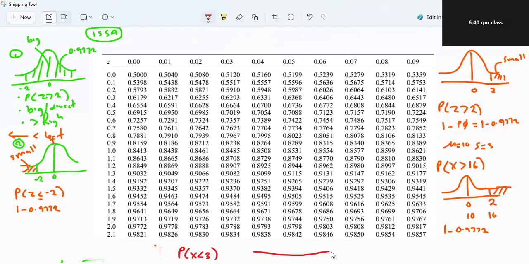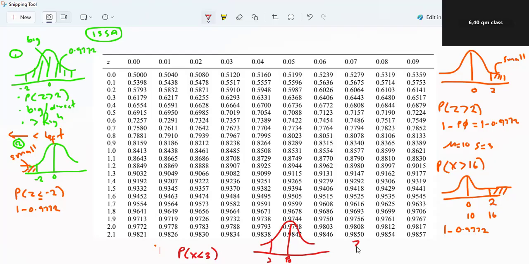We illustrate. We standardize. So we know 0 is always here. Then this is equivalent to 10, that is our mean that we've been given. So 3 is on the left side of 10. So we need to standardize this 3.